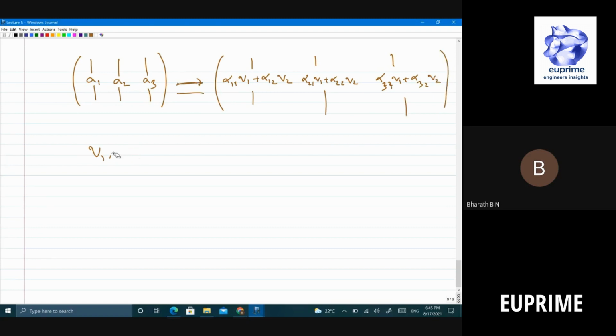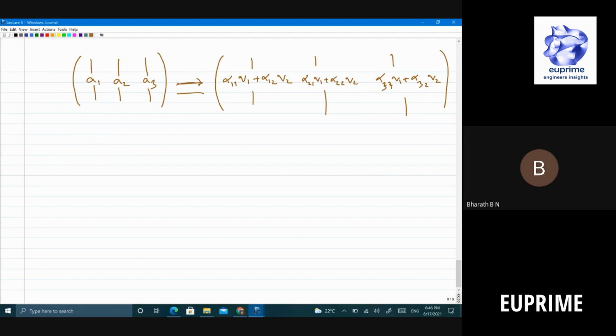Now, can I write this in a slightly different fashion? What am I doing? I'm taking linear combinations of columns. Suppose I want to take a matrix and consider a linear combination of its columns, what should I do? Multiply by a vector, right? The coefficients will give me this.